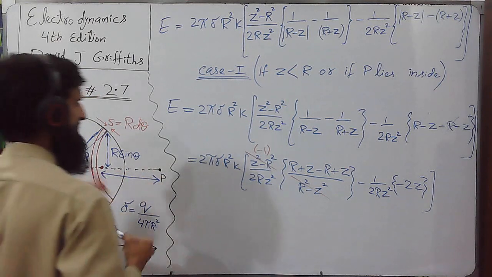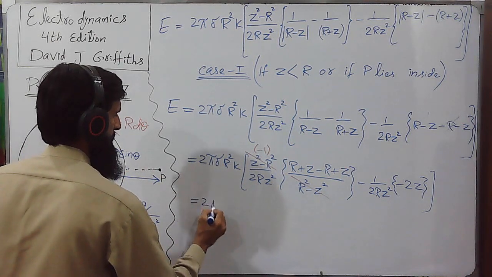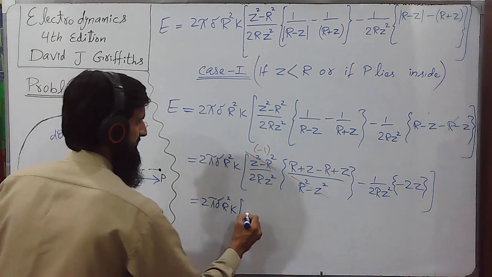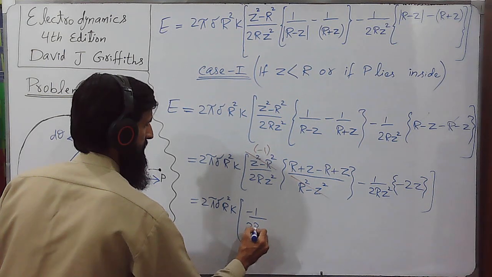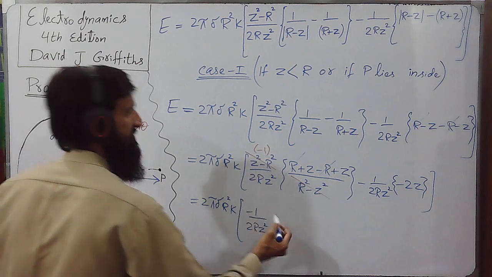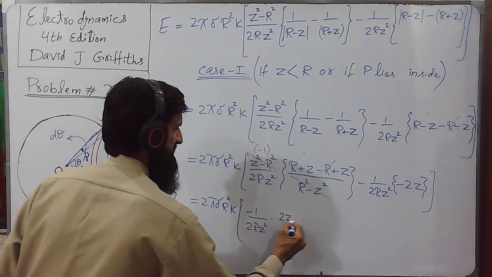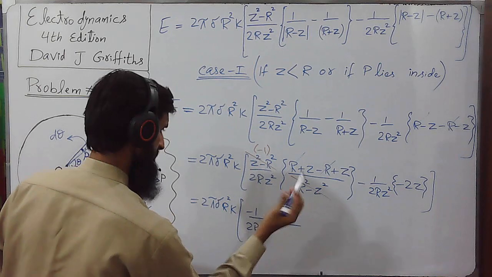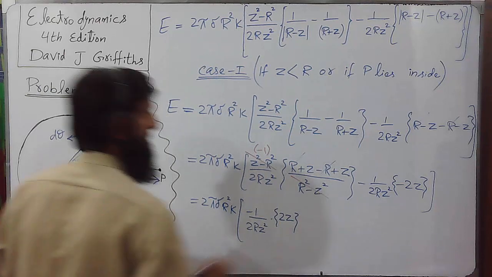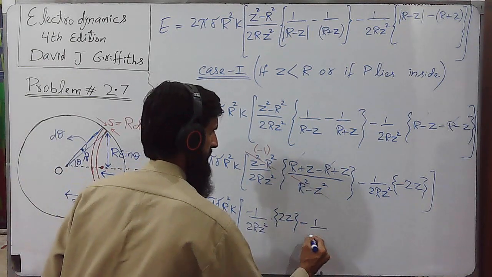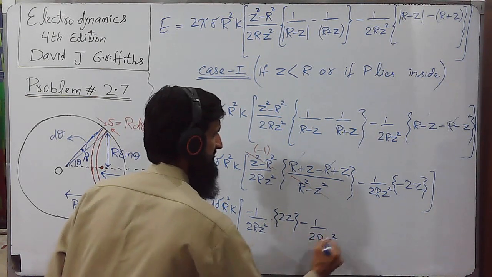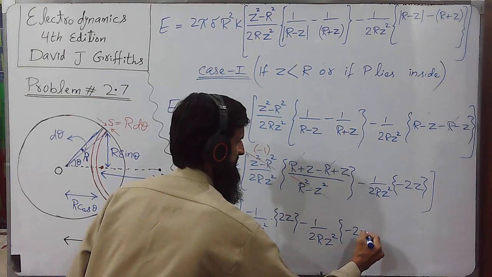So in the next step, it becomes 2 pi sigma r square k and minus 1 over 2 r square z, and once again these two terms have been cancelled out, and we get here 2z, and again minus 1 by 2 r z square taken here as it is, and minus 2z taken here as it is.